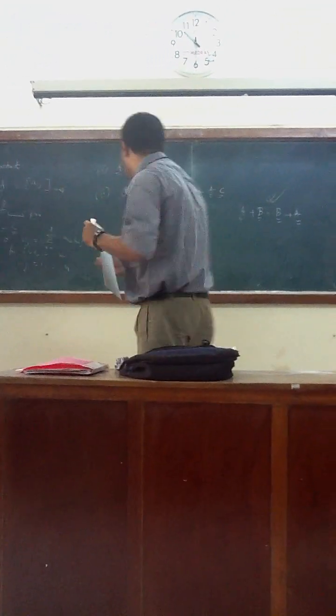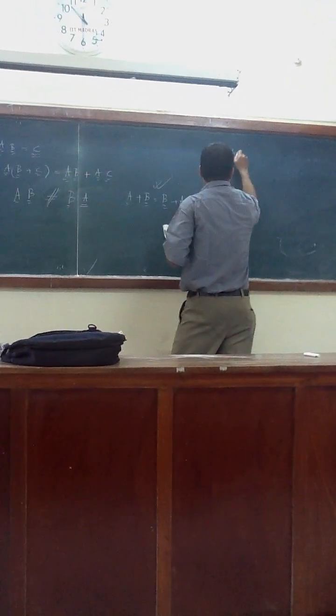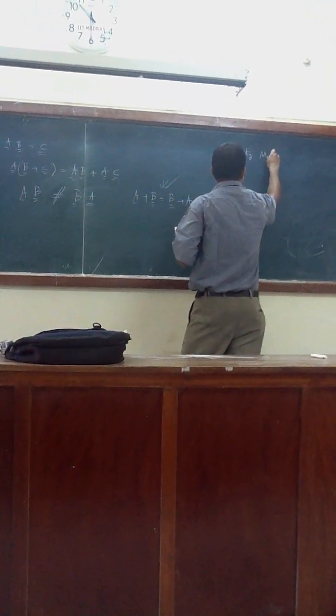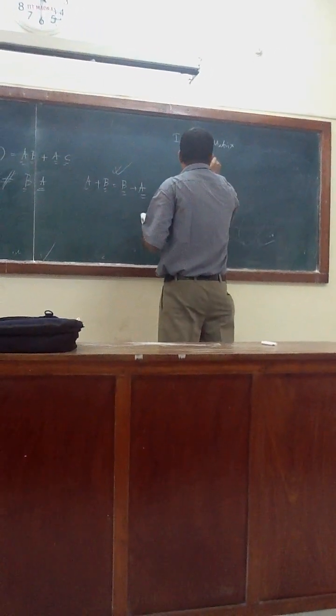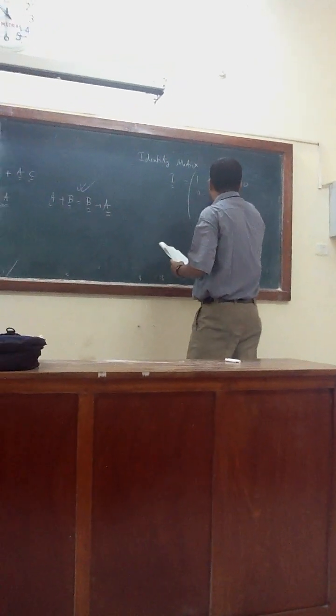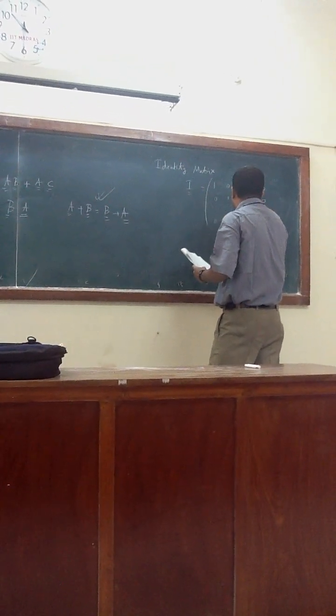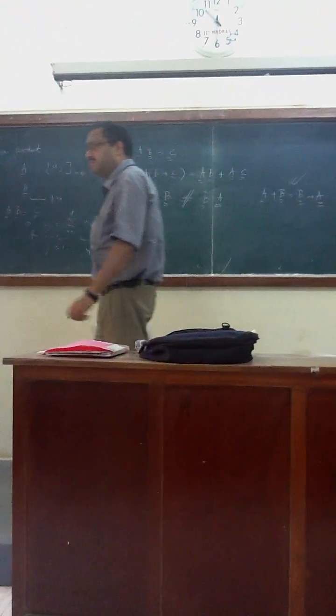Identity matrix. How does it look like? 1 0 0, 0 1 0, and the last row has 1 in the last column.